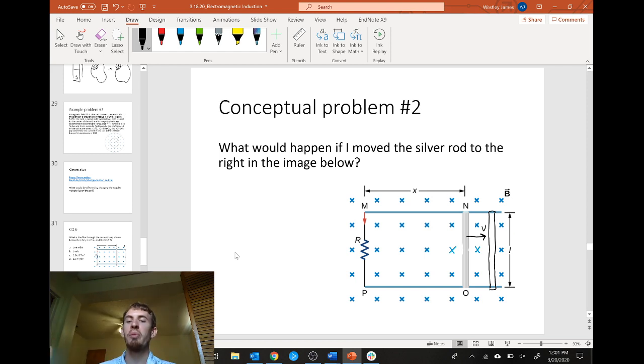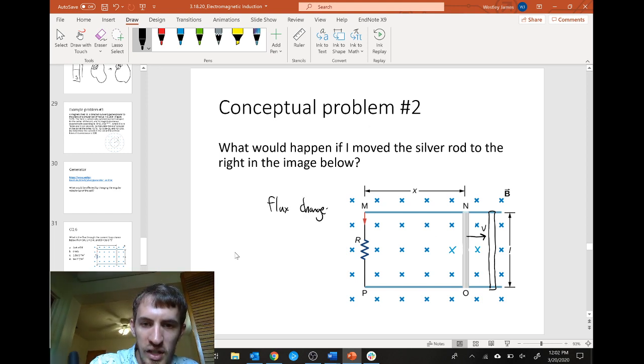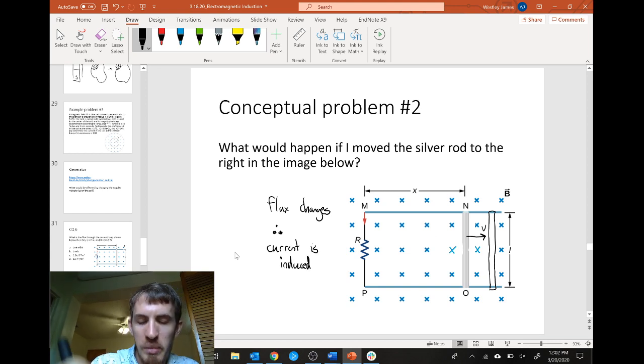I've increased my flux. So flux changes. Well, if flux changes, therefore, current is induced. Current is induced because this thing will make an EMF that will oppose the change in flux.